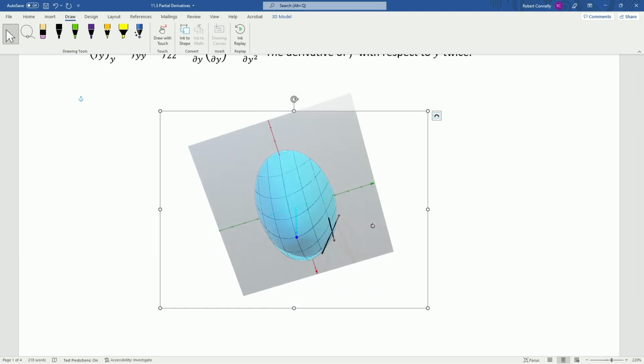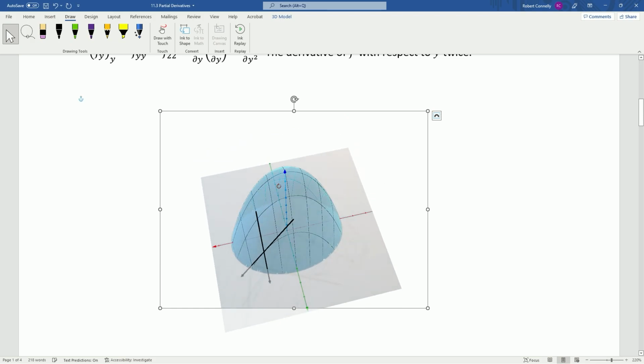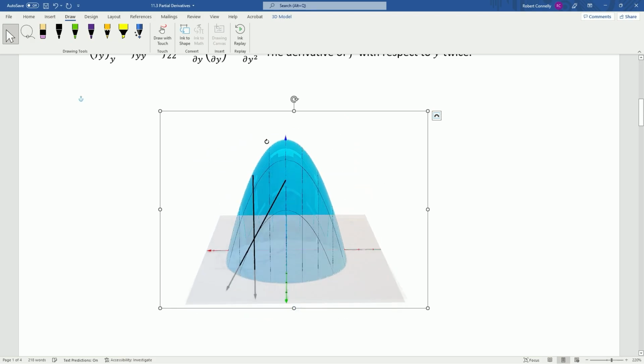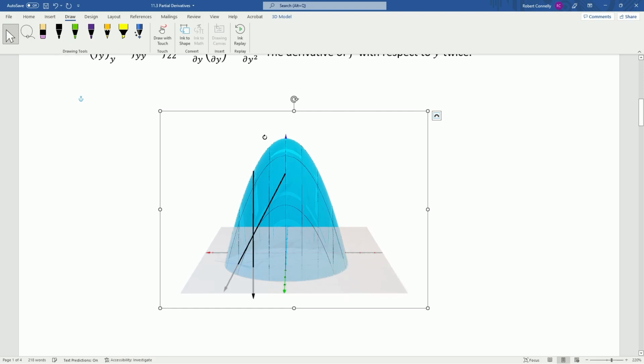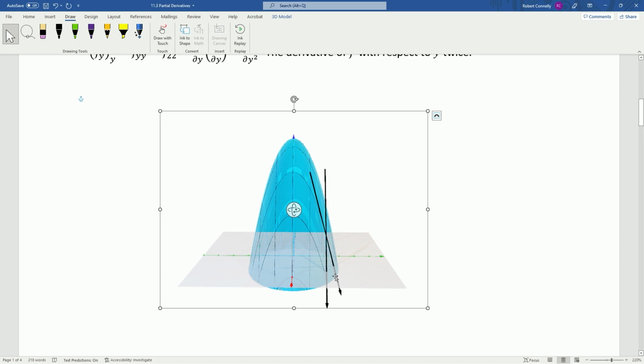If we reframe this a little bit, they're a little awkward to move around here. In other words, the slope of this vector is telling you the partial derivative with respect to x, and the slope of this vector is telling you the partial derivative with respect to y.